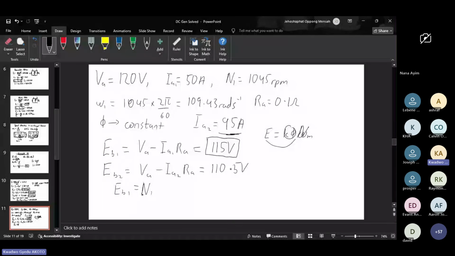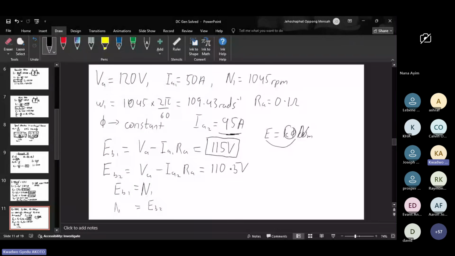So N2 is going to be EB2 N1 all on EB1, right?